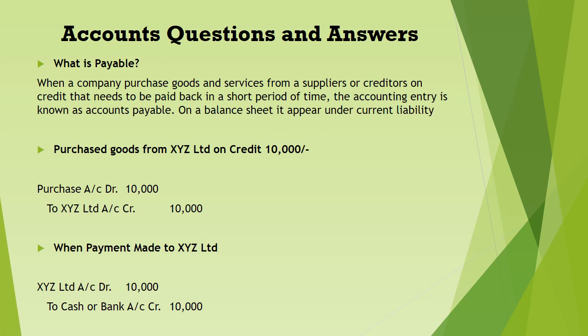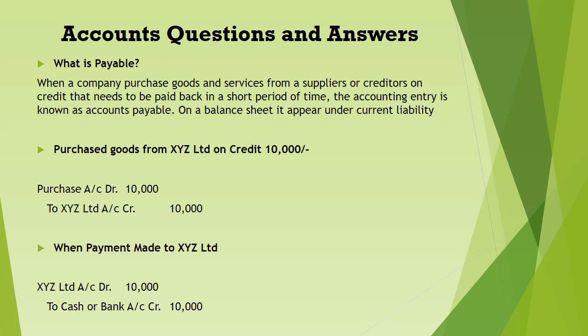So what is the entry? For example, when we purchase goods, the purchase account is debited and the supplier, the accounts payable account, is credited.